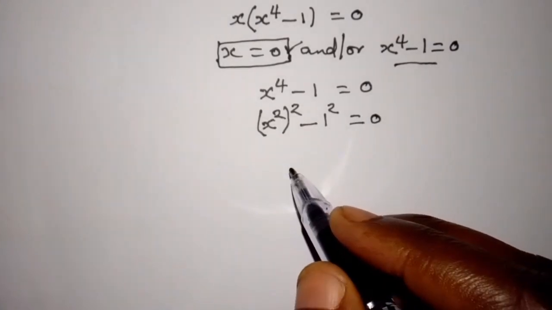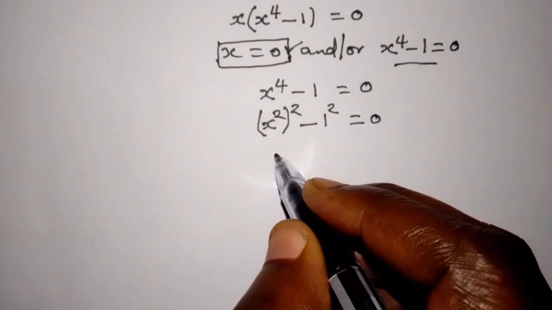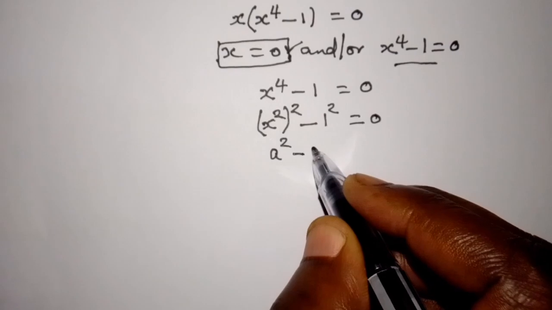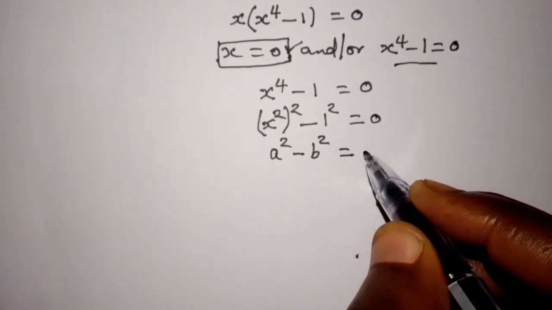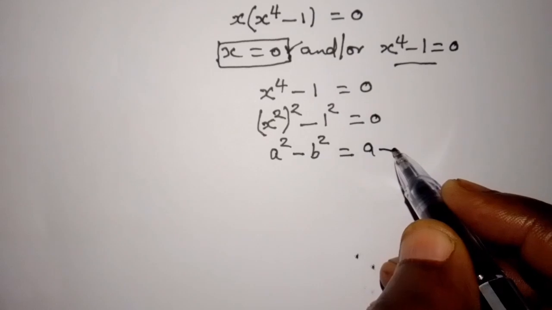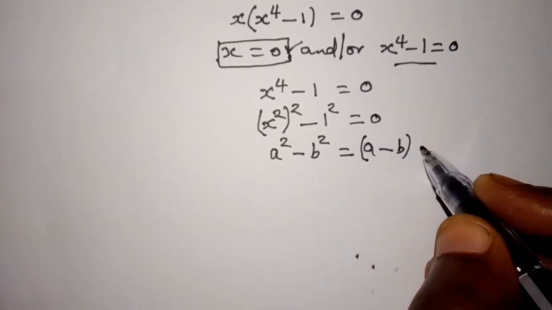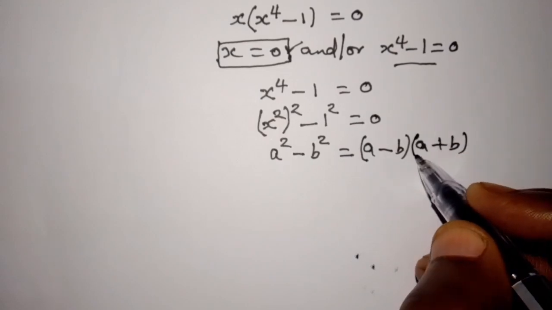The difference of two squares formula is given by a square minus b square is equal to a minus b bracket a plus b.